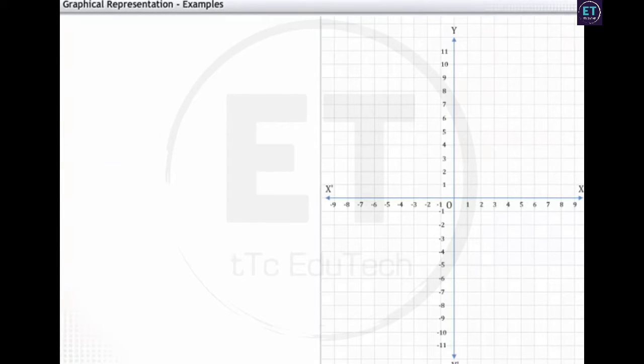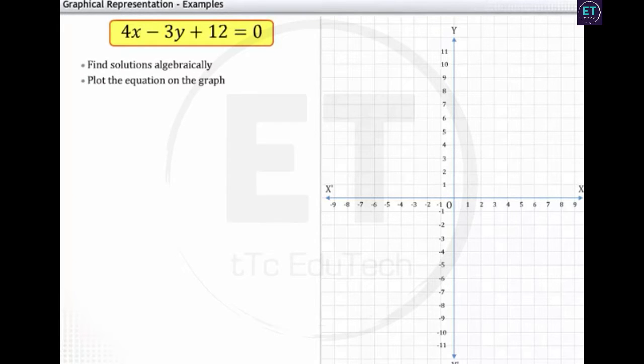Let's consider another equation. 4x minus 3y plus 12 equals 0. To plot the graph of this equation, we'll first find its solutions algebraically and then plot the points on the graph. Instead of randomly choosing values for x, we'll substitute 0 as the value of x in the equation and simplify.